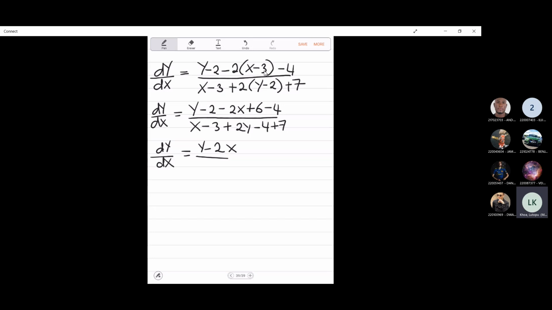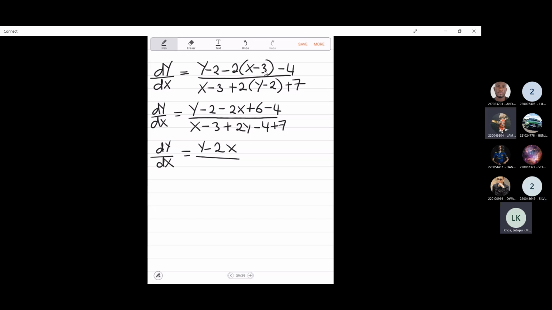And then in the denominator, I have 2y plus x, and then there's -3, -4, positive 7, that is 0.